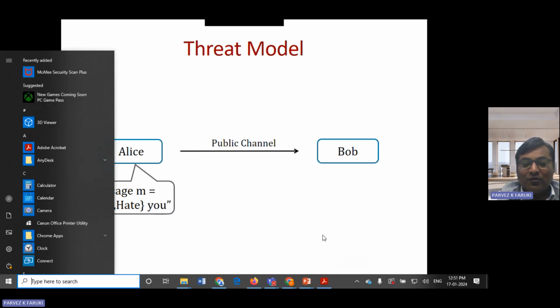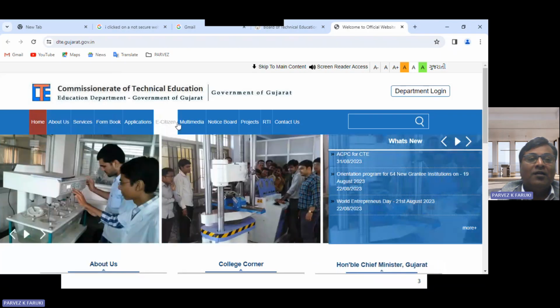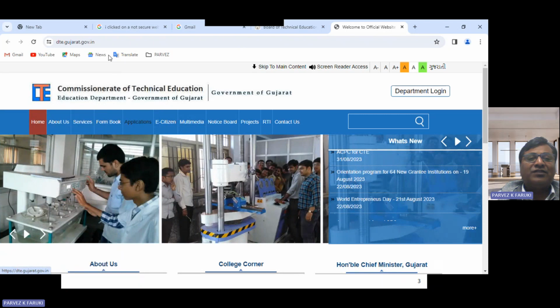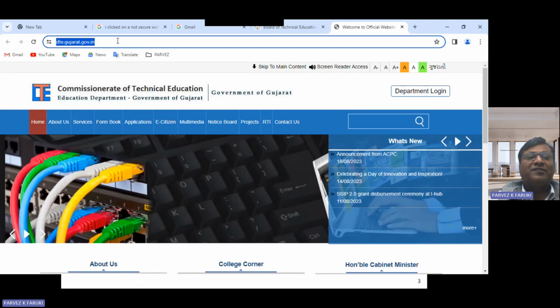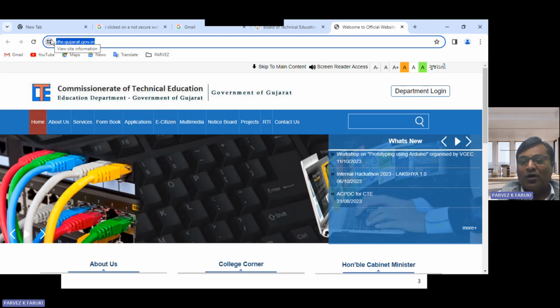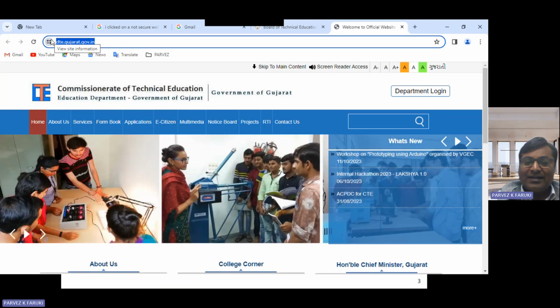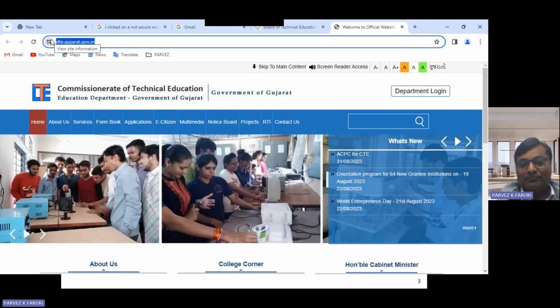Bob is the server. If we look at the same example, the Commissionerate of Technical Education website, this website which is hosted on a web server is your server, and the server is usually known as Bob. So right now, a client called Alice is communicating with Bob. A user is communicating with the server.